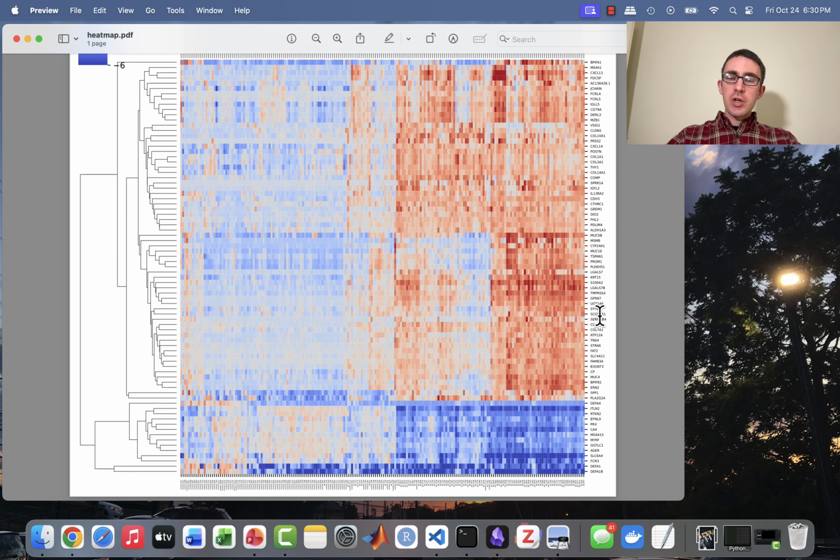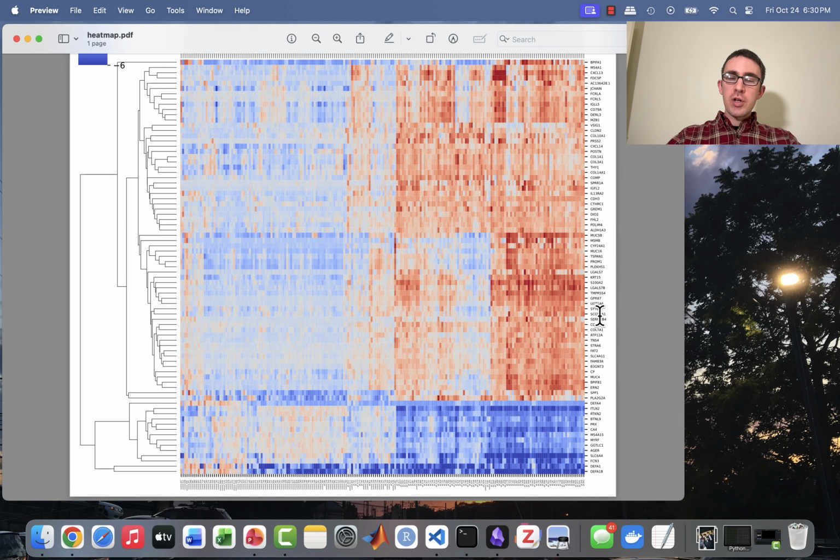Then we go through all of our genes, and for each gene, we calculate the mean of the control samples for that gene, and then set our corresponding row in this matrix we just defined, which is full of zeros.